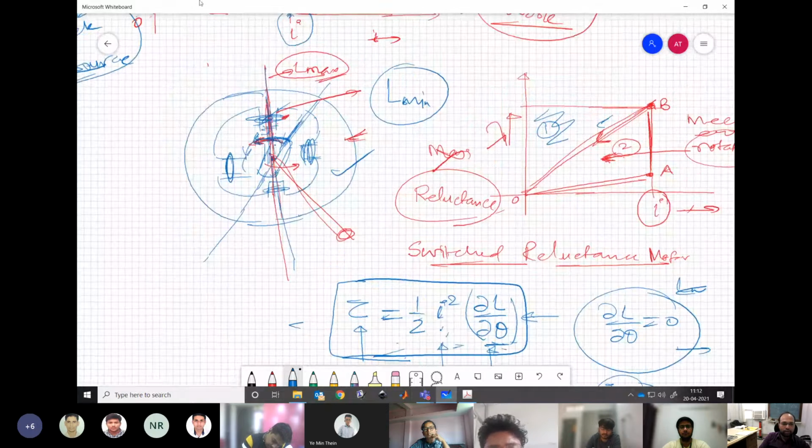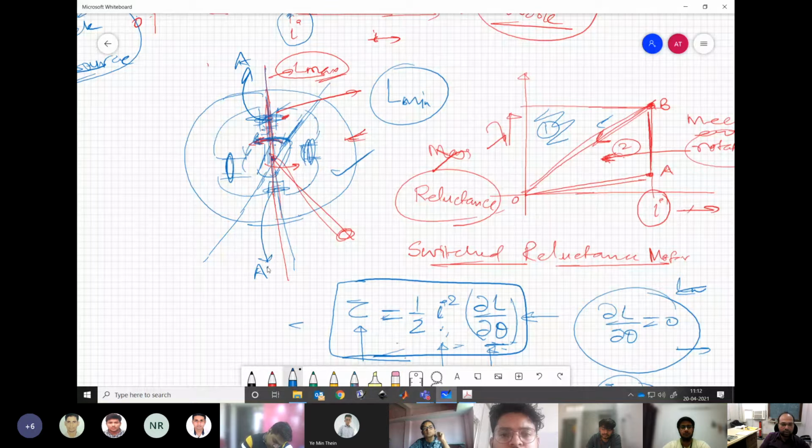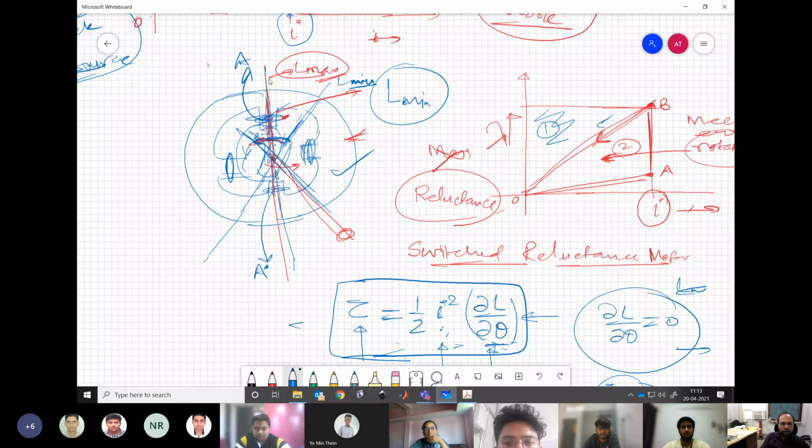Let us say we take this coil A and A dash. It is about to align along both the coils, which means now it is at L minimum. Again, after 180 degrees, it will be in a similar position. Okay, let's go one by one. Let's say this is our theta equal to 0 axis.